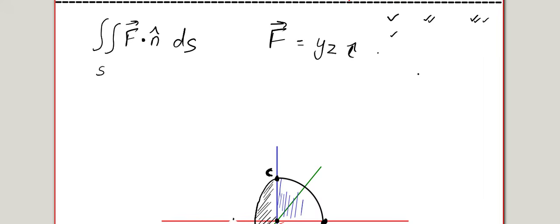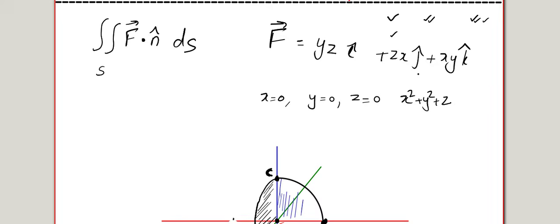We have to verify Gauss Divergence Theorem for the surface integral of F dot n dS, and F is given to be, you can copy it, yz i plus zx j plus xy k, and the surface is x equal to 0, y equal to 0, z equal to 0, and x square plus y square plus z square equal to 1 in the first octant. So, this is a closed surface, so we can apply Gauss Divergence Theorem.